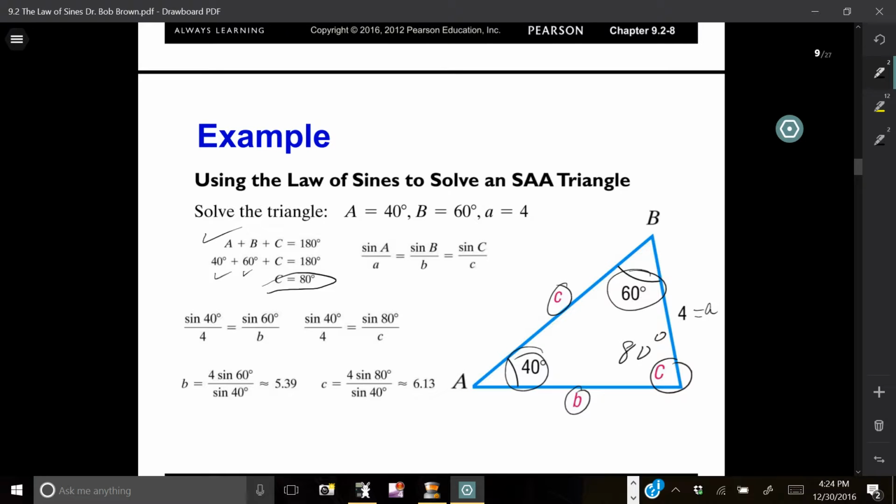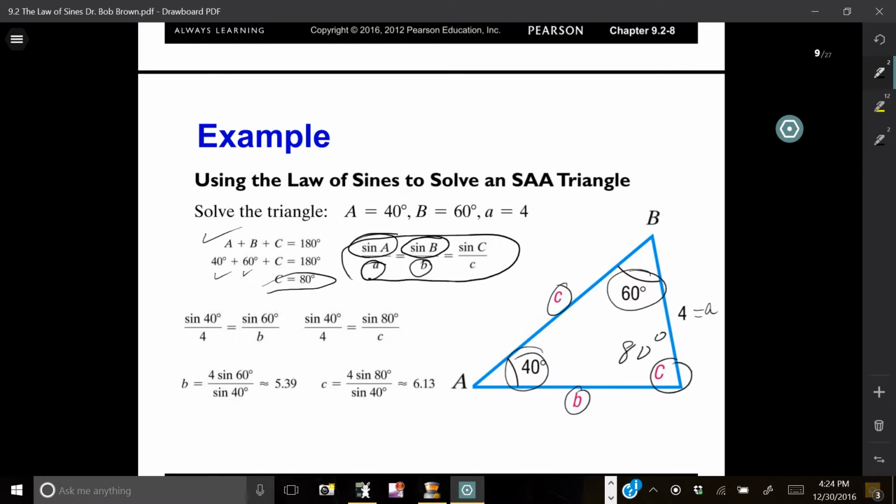And then let's write down the law of sines. Sine A over a equals sine of B over b equals sine of C over c. Notice that we have sine of A because we know A. We know that little a is 4. We know angle B, so we could easily solve for b.